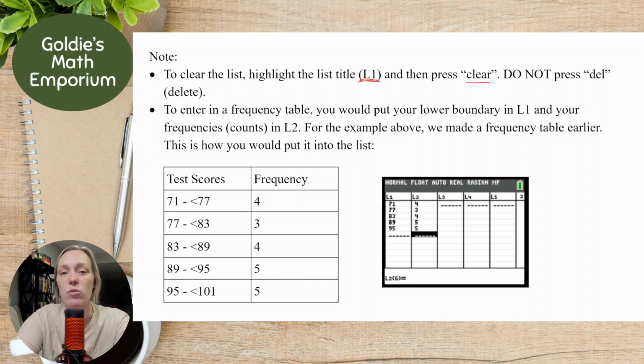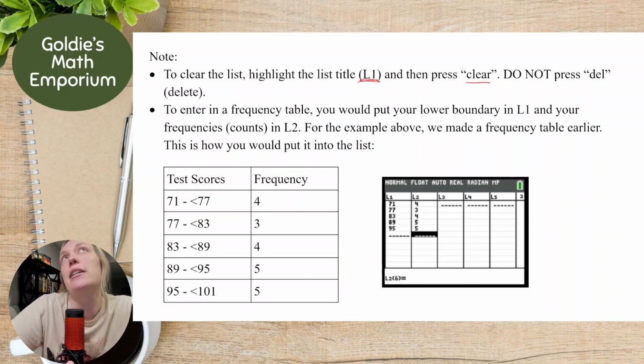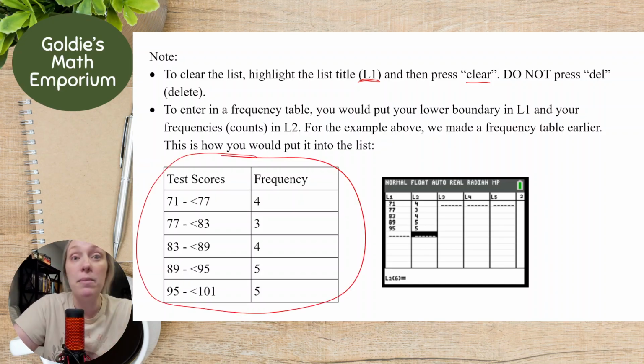Okay. Individual data. What we can also do is we can enter in frequency tables as well. Okay, so to enter in a frequency table, and you don't have to do this because you already have data in your list, but I just want to show you this example while we're entering in data. If we have a frequency table of some kind and you have to make a graph of that, you don't have to enter in each individual value.